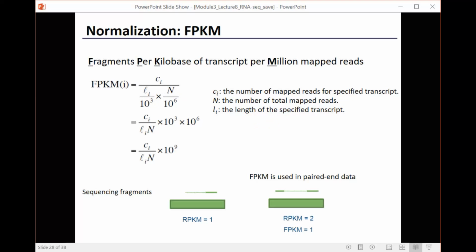So FPKM normalizes first for the library size, second for the transcript length. FPKM is used for paired-end reads, fragments per kilobase of transcript per million mapped reads, while RPKM is used for single-end reads, reads per kilobase of transcript per million mapped reads.